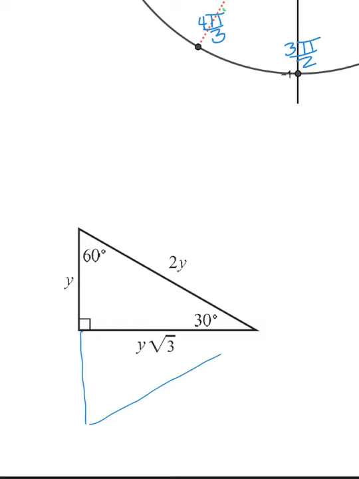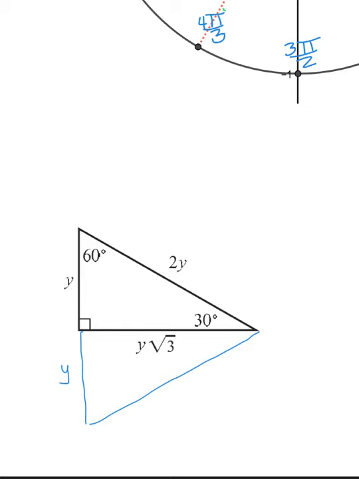An equilateral triangle has 3 equal sides. So if this is an altitude, or the height, drawn here in the middle of that equilateral triangle, and this is y, then this would be y over here. So all 3 sides are going to be 2y.